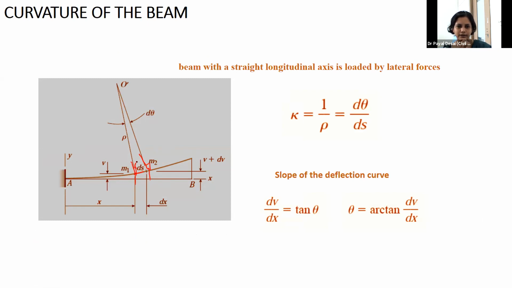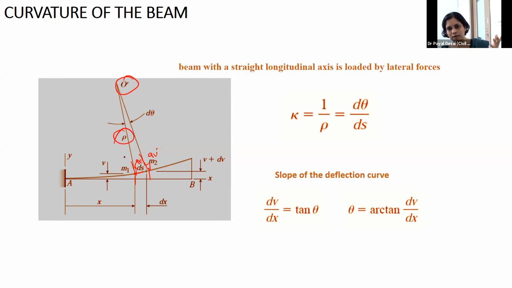You may see the 90 degree here. When you draw the normals, they will meet at one point. This is called the center of curvature, O dash. If you draw the normals, you will get O dash here, and then here you may get the radius of curvature.